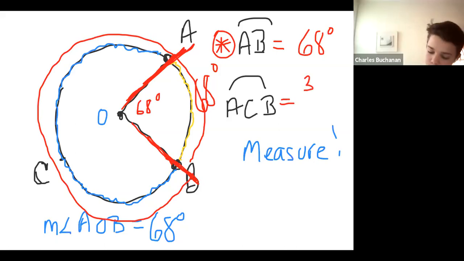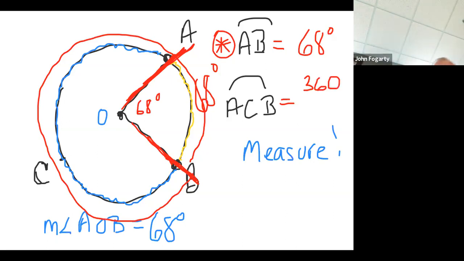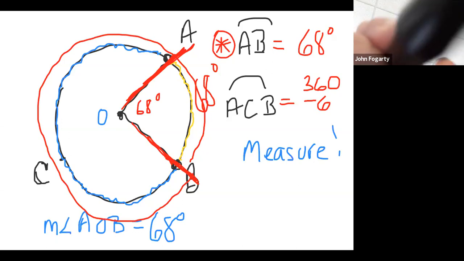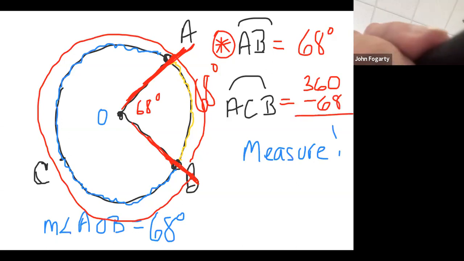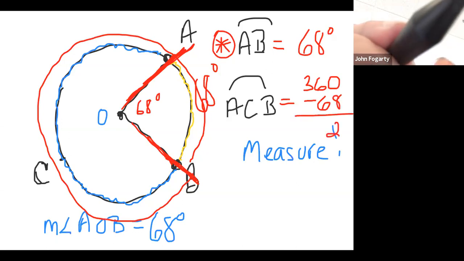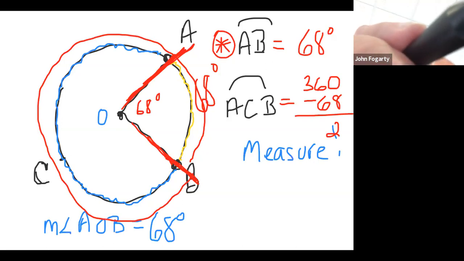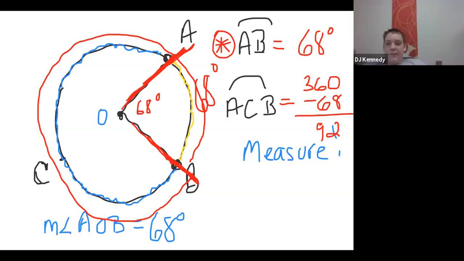Well, here's what we know. It would be 360 minus 68. Agreed? And we know that that's 292. Does that make sense?